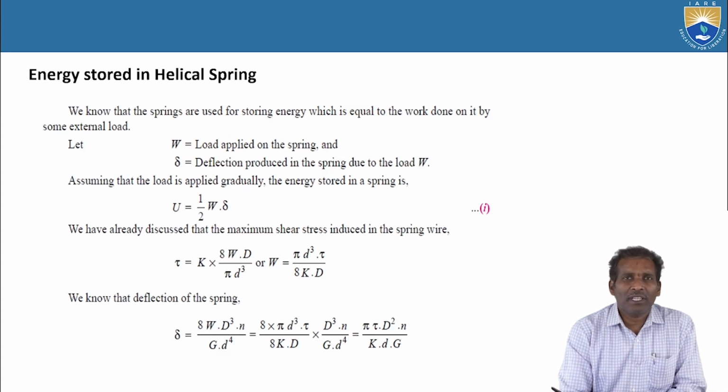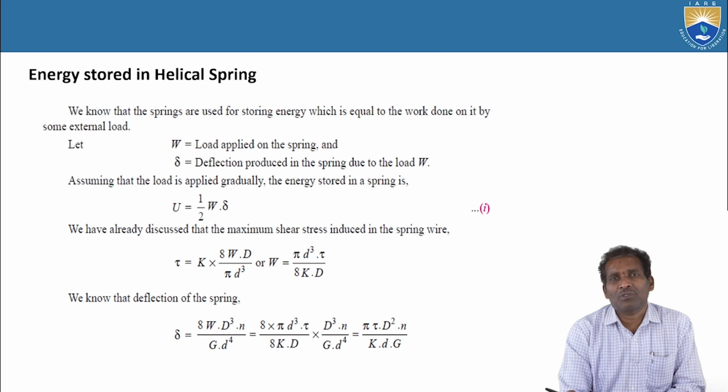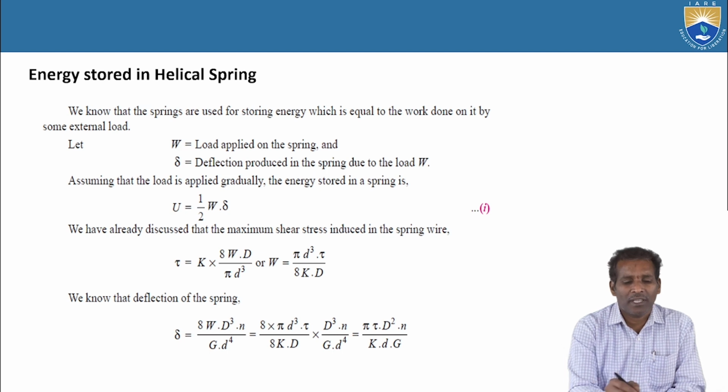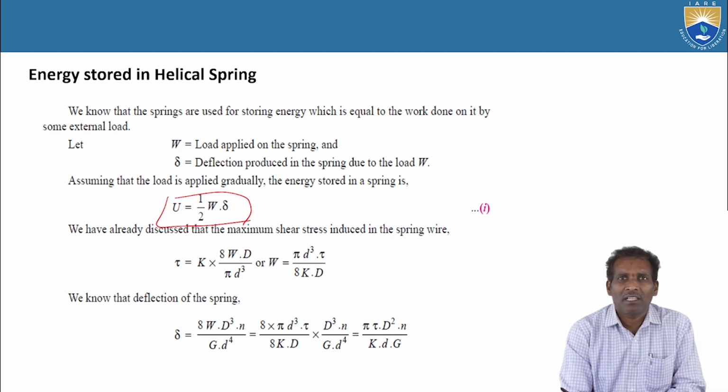Next is energy stored in a helical spring. How to calculate the energy stored? How much energy is stored in a spring? Assume that the load is applied gradually, and the energy stored in the spring is U, equal to half into W into delta.